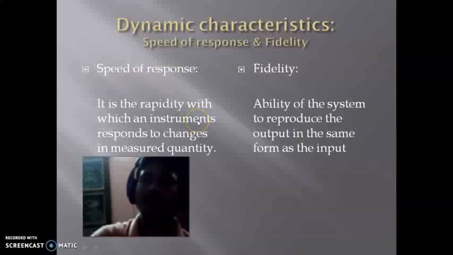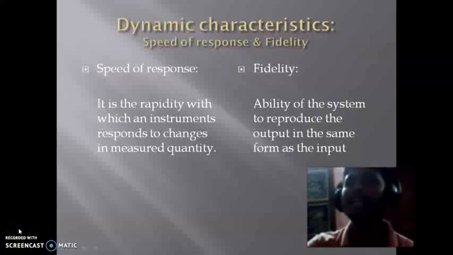So we apply some input, and due to the change in input, how fast the output responds is called speed of response.